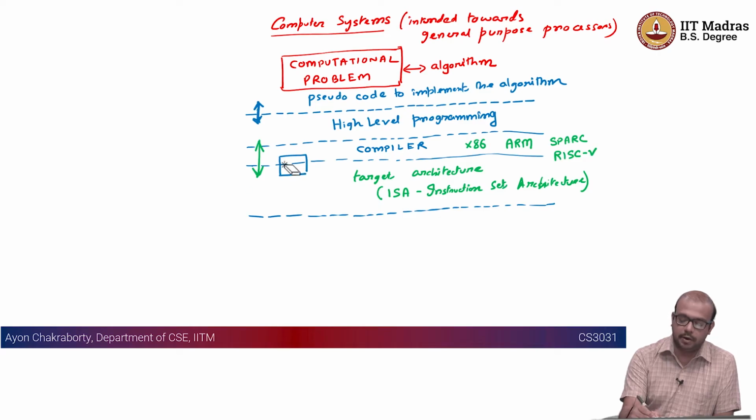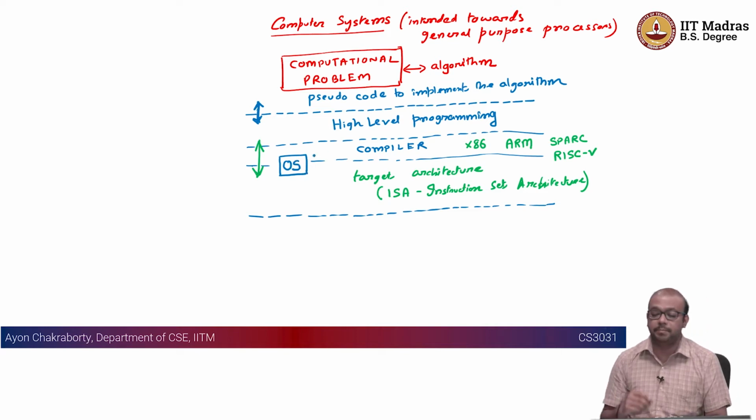I am not mentioning it explicitly here, but at least I am saying that there is a big role for the operating system to play in managing memory and so on.